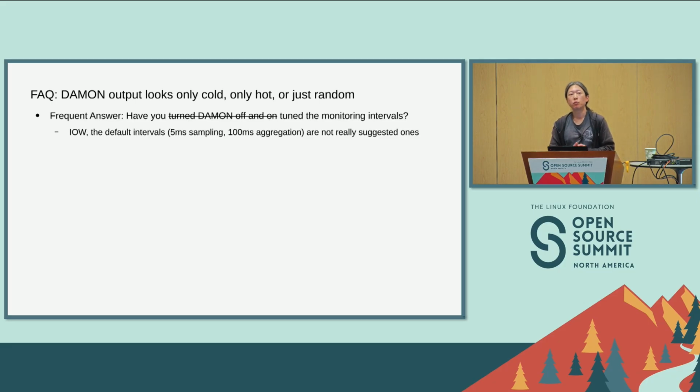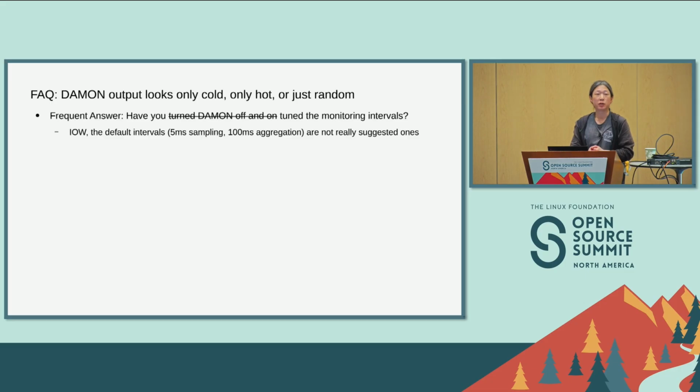So after we have made DAMON widely usable, there were some questions about DAMON, or complaints. People were saying that, okay, we have tried DAMON as you have introduced, and what we are seeing on our system is that the heat map visualization looks like just cold, or just hot, or just some random things all over the place.